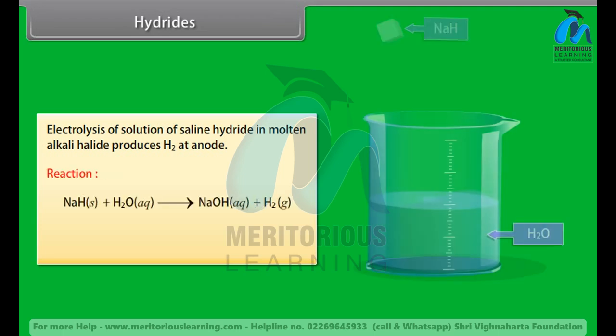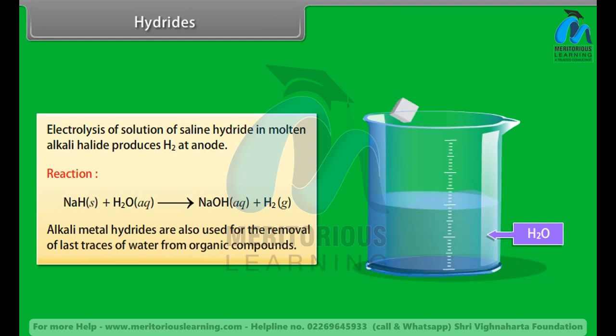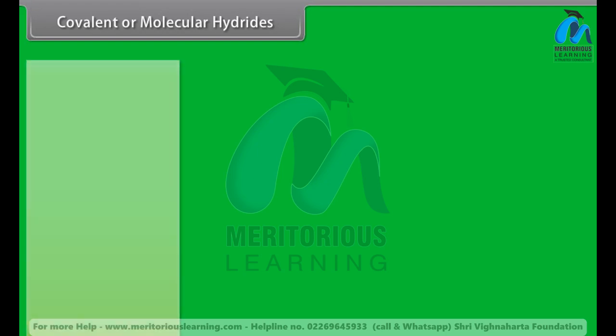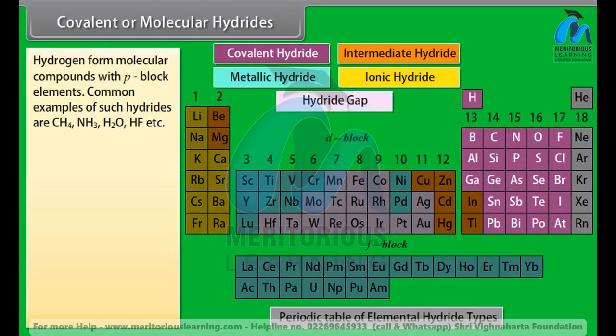The reaction is given as follows. Alkali metal hydrides are also used for the removal of the last traces of water from organic compounds. Covalent or molecular hydrides. Hydrogen forms molecular compounds with p-block elements.